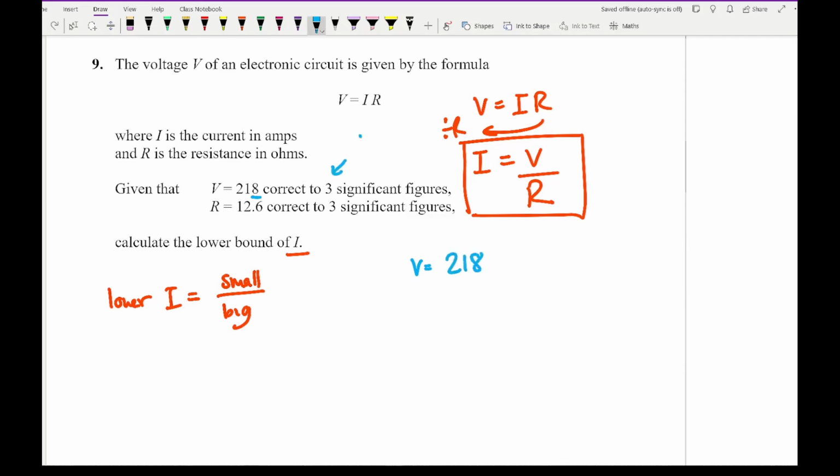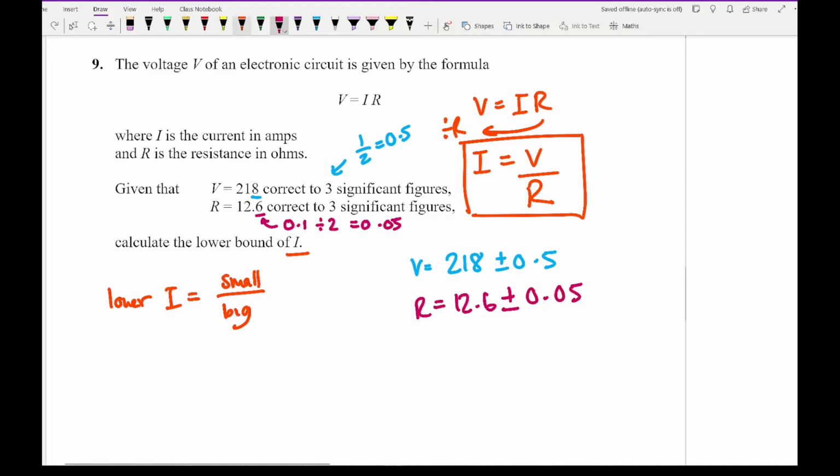That's 1 divided by 2, which is 0.5, so plus or minus 0.5. Now with R, the third sig fig is a tenth, so that's 0.1. I'm going to divide that by 2, which equals 0.05. So for R, the limits are going to be 12.6 plus or minus 0.05.